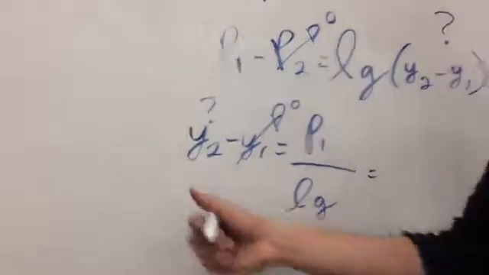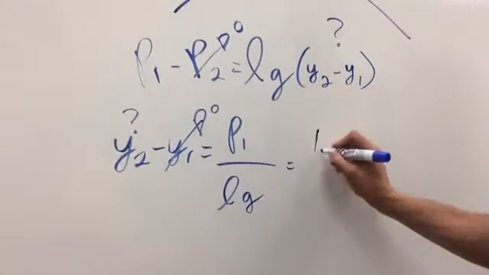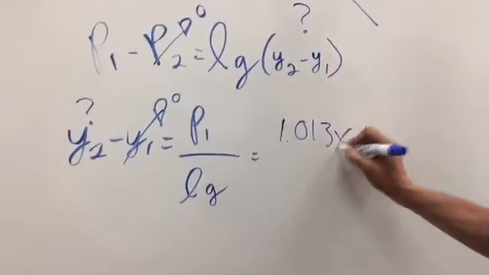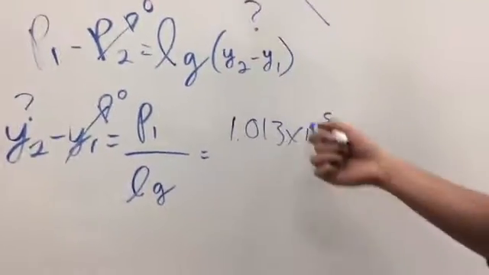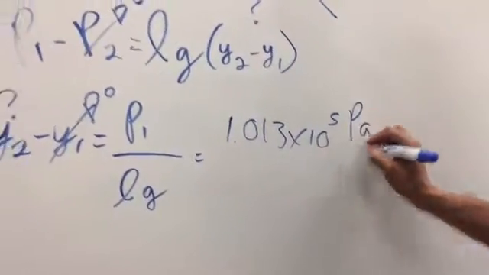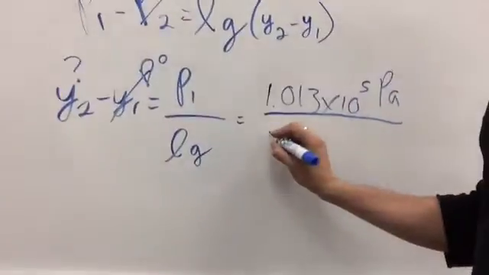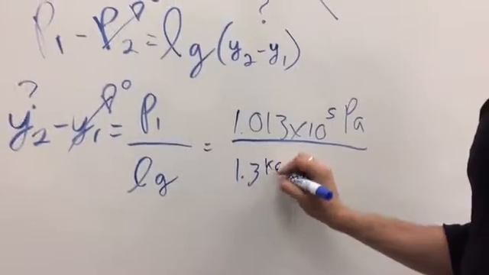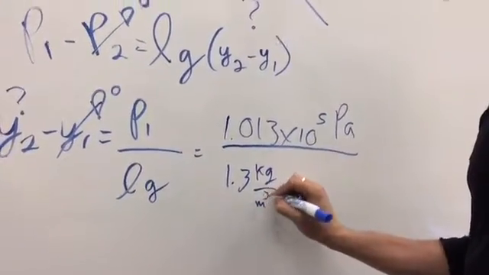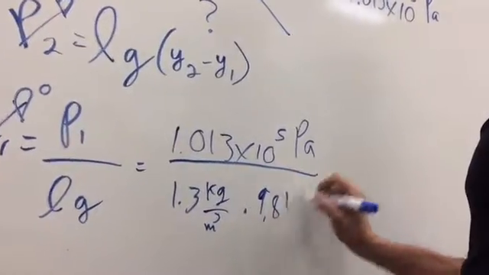Now we have this value to find. Pressure 1 is 1.013 times 10 to the 5th pascals, over our density, 1.3 kilograms per meter cubed, times gravity, 9.81.